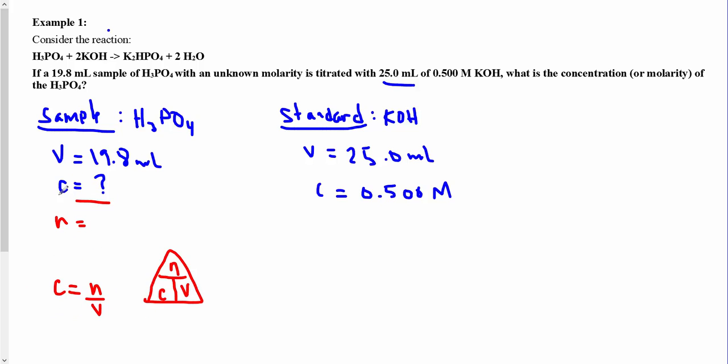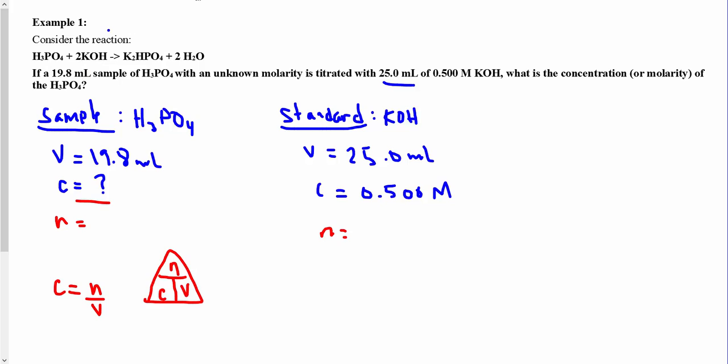But to get there, we have to start over here with our standard. We've added a certain amount of our standard, and we know the concentration and the volume, so we can find the moles of this standard. Then we can cross the mole bridge from standard over to our sample and find the moles of our sample. Then we can finally calculate our concentration. So it's a three-step process.